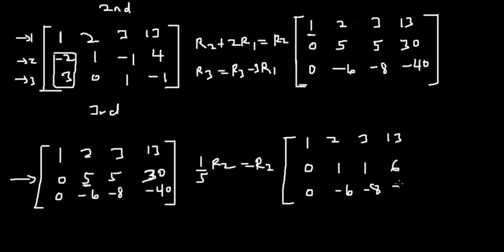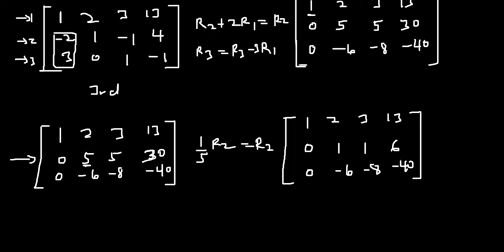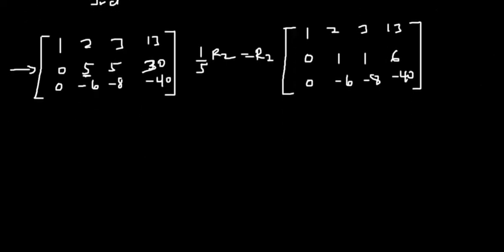0, 8, minus 40. Right, so now let's proceed. You could notice that this is very simple. This has been well simplified. We are still using the row echelon form method.